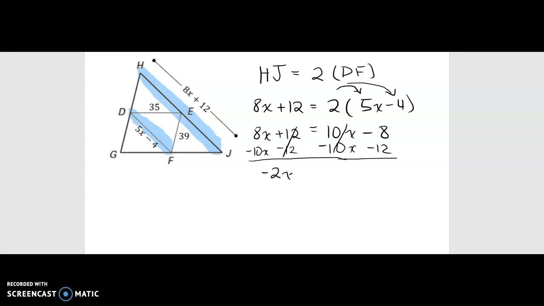So this is negative 2x. This one over here is negative 20. Divide both sides by negative 2, and your x is just 10. So that's how we can use our triangle midsegment theorem to find our missing sides.